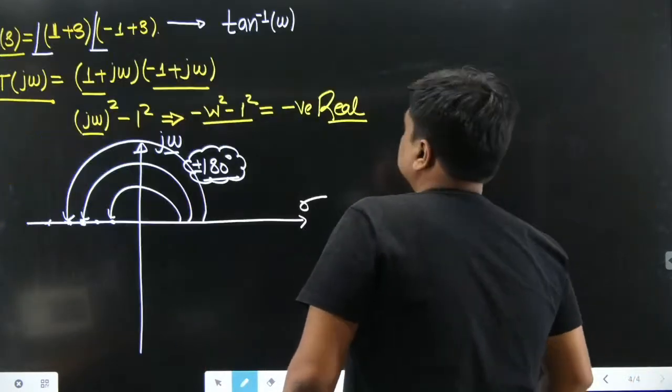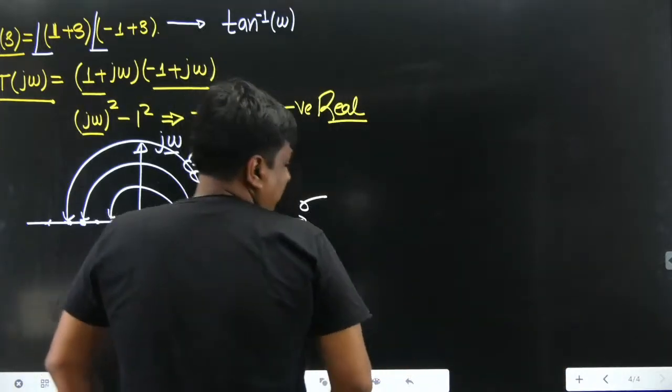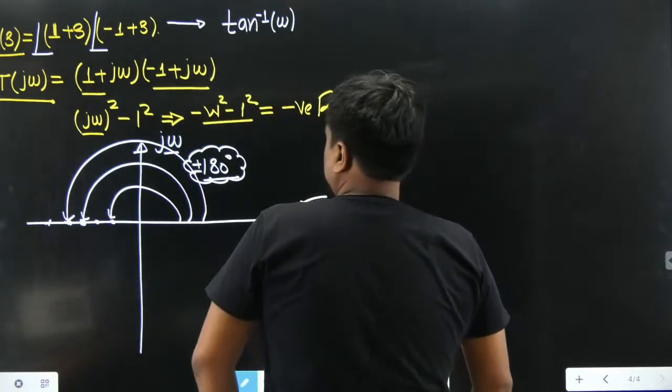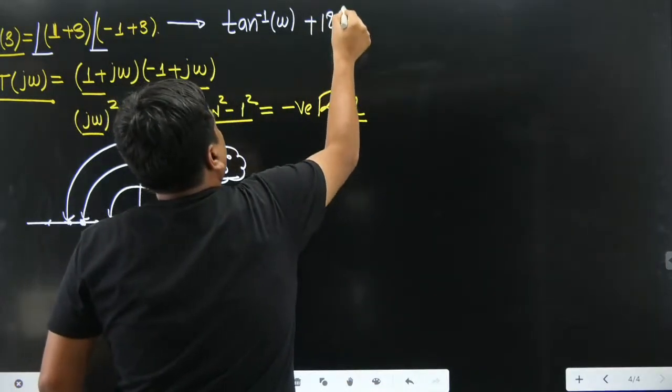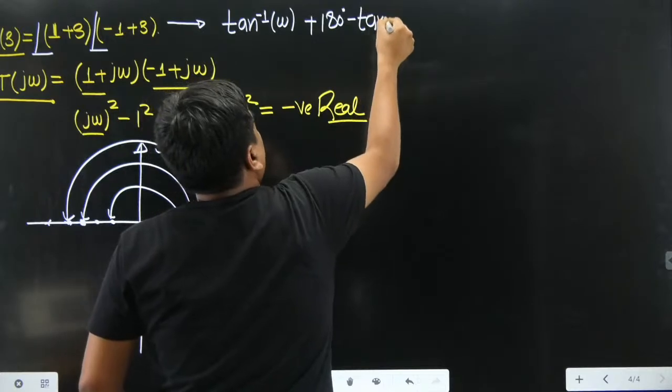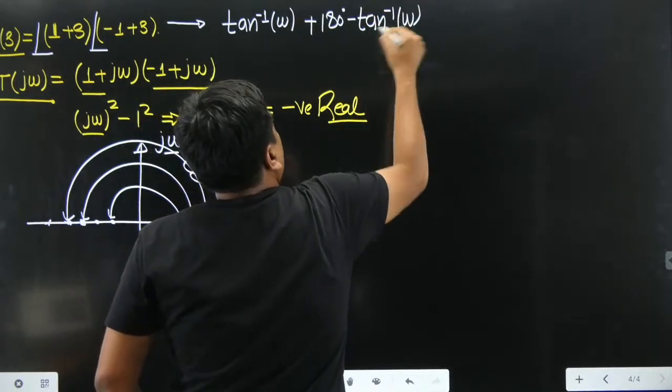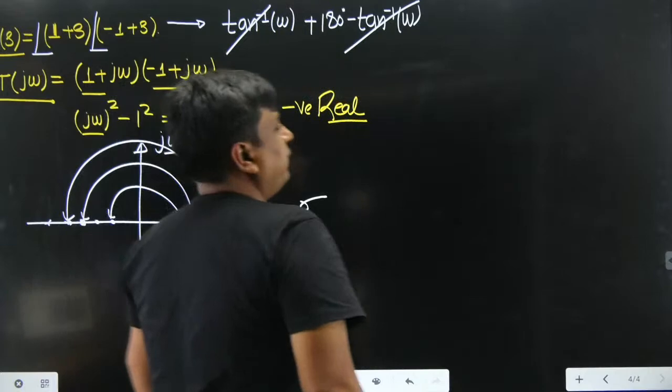So the result what we are supposed to get over here is 180 minus tan inverse of omega, and this is going to be knocked off.